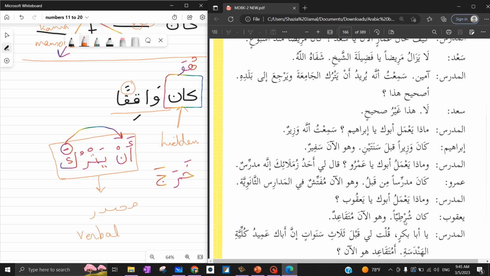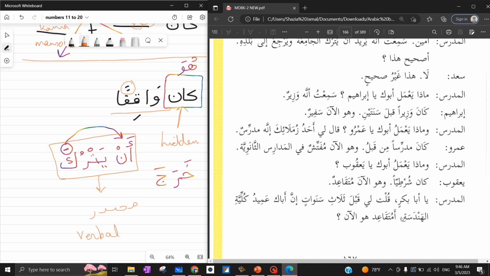This is plural, schools. Now, وَمَاذَا يَعْمَلْ أَبُو Yaqub. Now, the teacher is asking Yaqub what does his father do? So Yaqub says, Kana shurtiyun, he was a policeman. All is with kana.